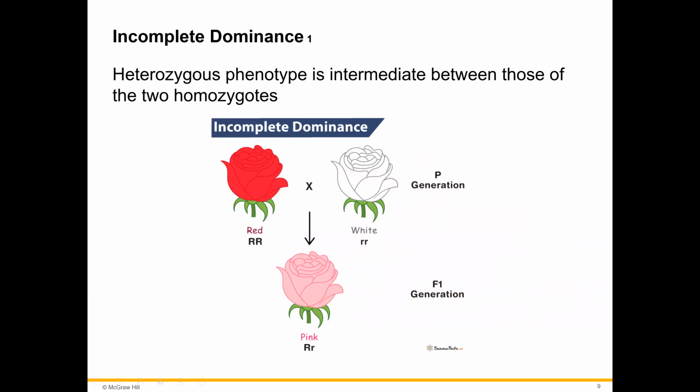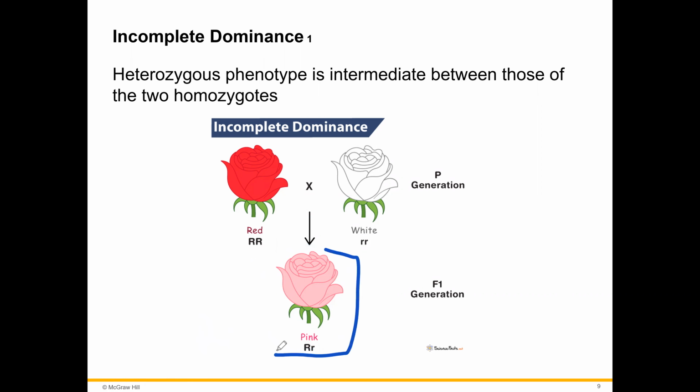Another example of inheritance that seems like it doesn't follow Mendel's principle is incomplete dominance. This is when the heterozygous phenotype is intermediate between those of the 2 homozygotes. So if you have a red flower, big R, homozygous dominant, and a white flower, homozygous recessive, and if red is dominant over white, then all big R, little r should be red.